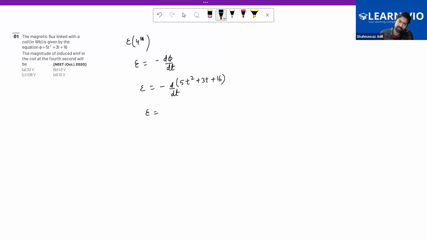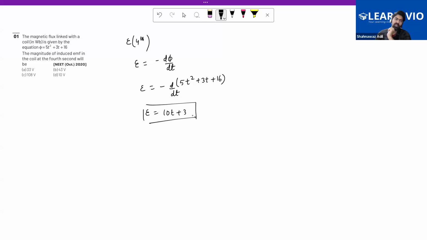And what would be this? This would be minus of, we can ignore the minus sign, right? Because this is only talking about the Lenz law. This is only talking about the direction of the induced EMF. So we can ignore this. This would be 10t plus 3, right? So this is how the EMF is changing.